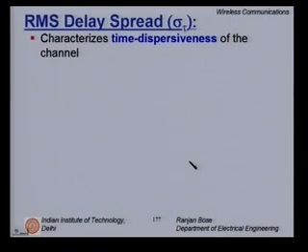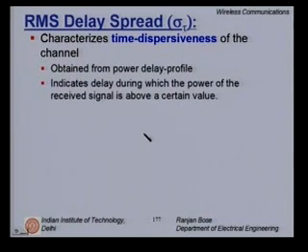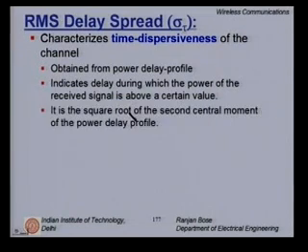The root mean square delay spread, signified by sigma tau, characterizes the time dispersiveness of the channel. It is directly obtained from the power delay profile. It indicates the delay during which the power of the received signal is above a certain value.